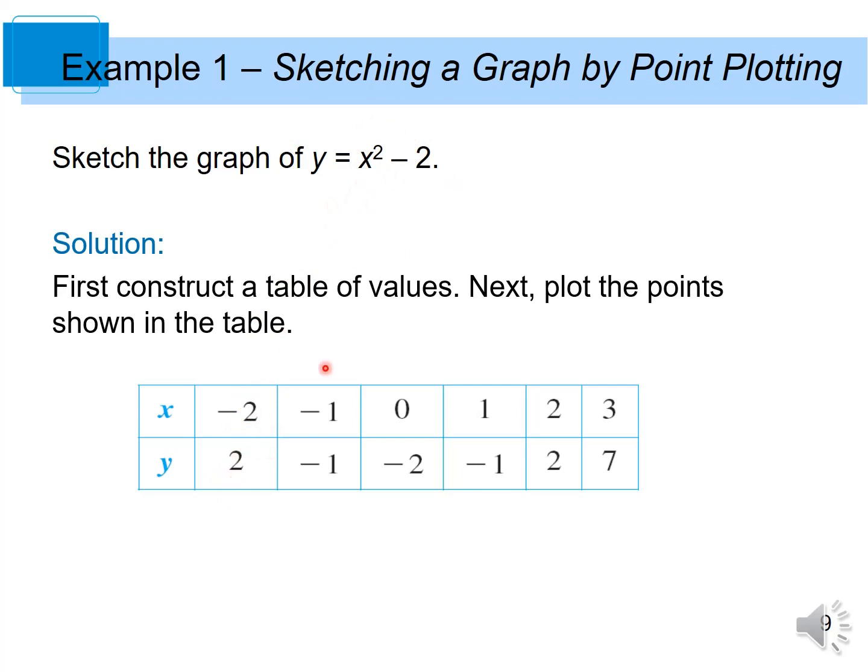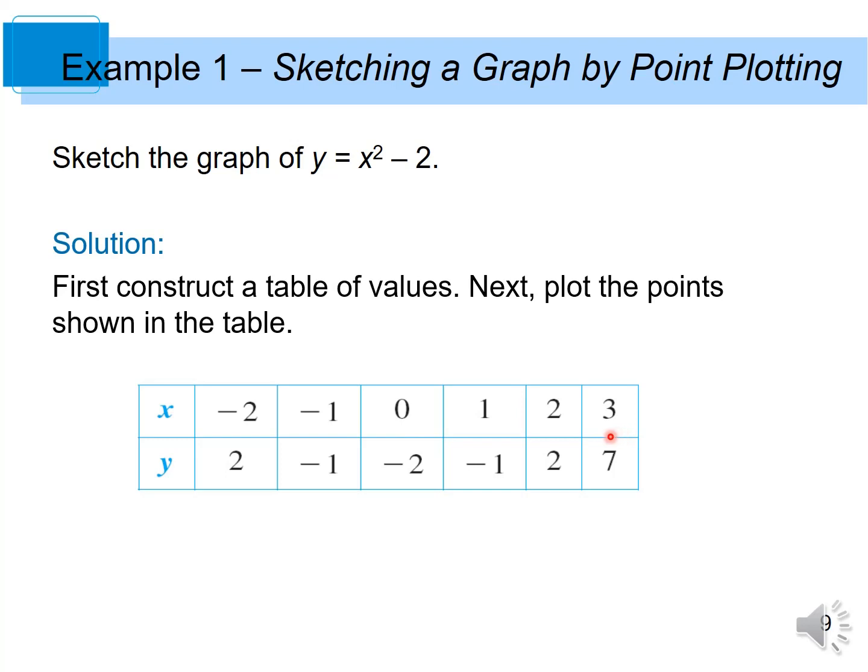And minus 1, you substitute into the y equation. So negative 1 squared positive 1 minus 2, negative 1. And you complete the value of y according to the value of x here.